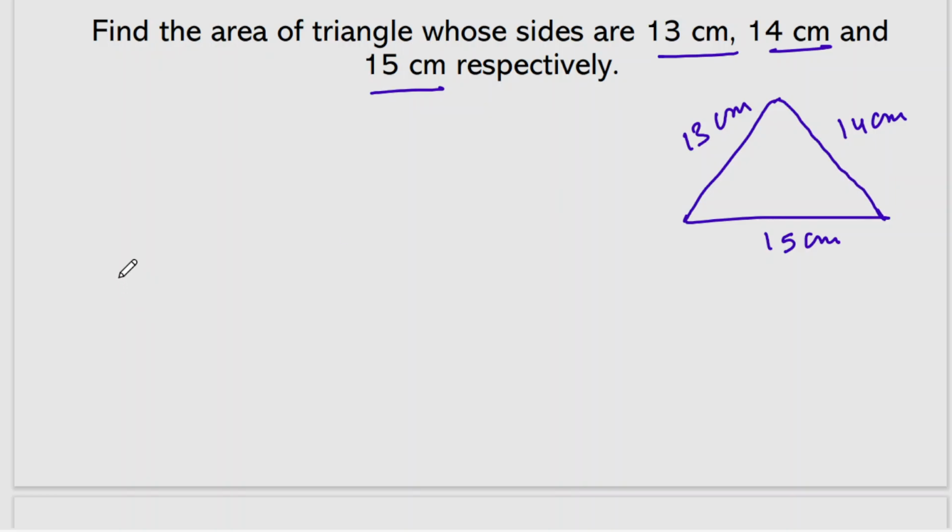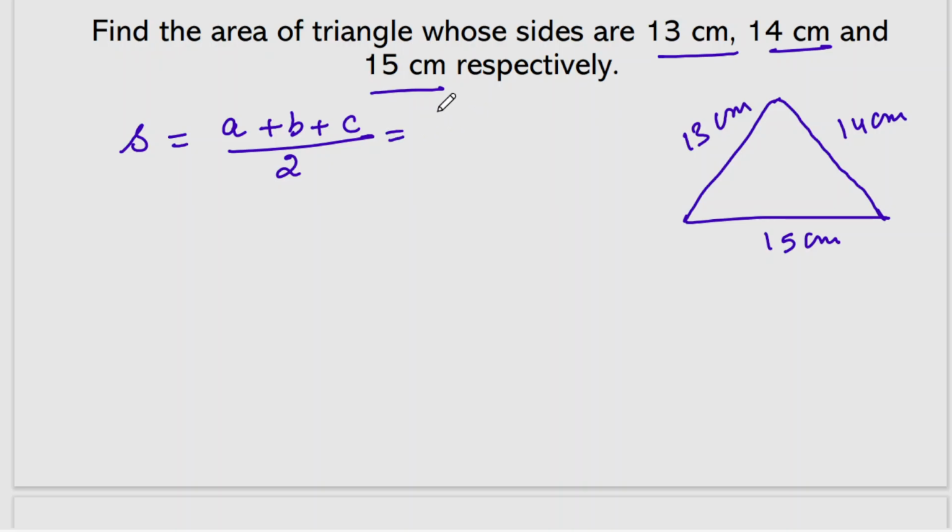Now what are we going to do? We know this is a scalene triangle, and for finding the area of a scalene triangle, we need to first find the semi-perimeter. What was the semi-perimeter? It was finding the perimeter and dividing it by 2.